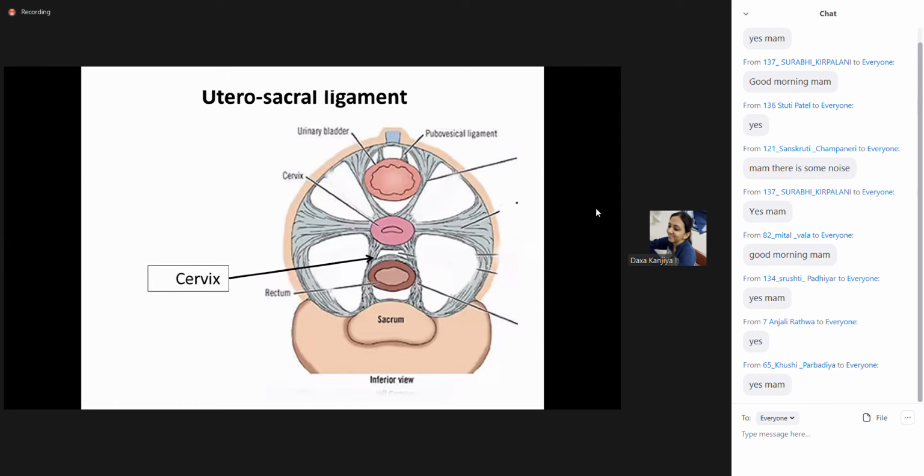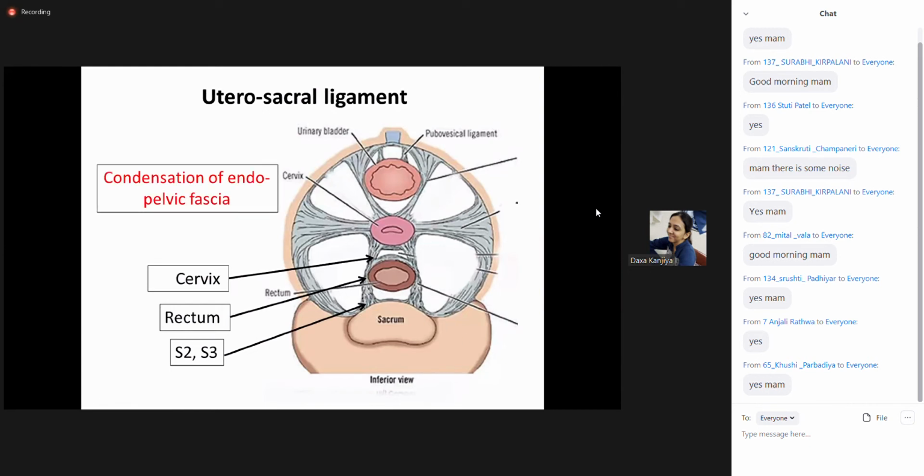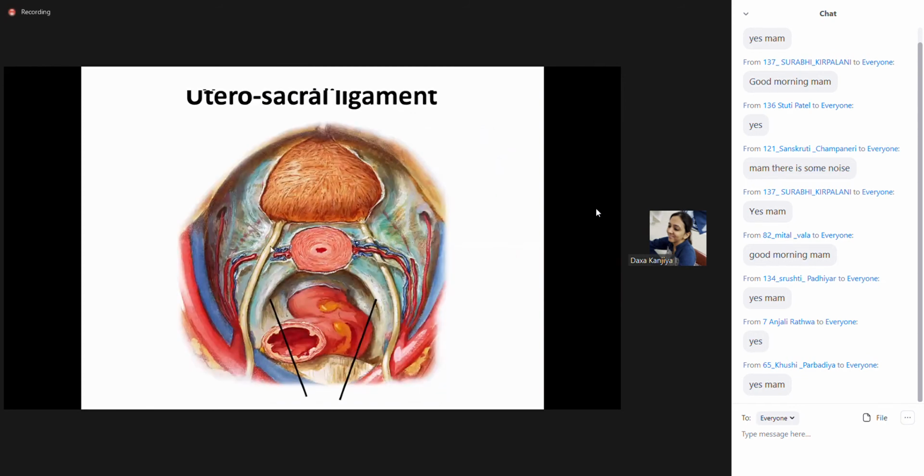Next is the uterosacral ligament, which extends from the supravaginal part of the cervix on either side of the rectum to the sacrum, S2 and S3 segments of the sacrum. Again, it is a condensation of the endopelvic fascia. What is the main role of this ligament? Here again you can see this uterosacral ligament extending on either side of the rectum.